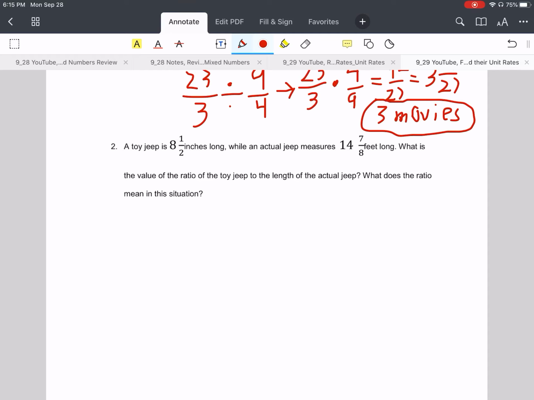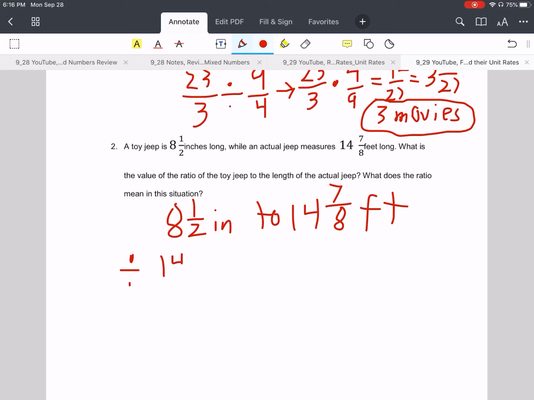So what we're going to end up doing is we have our ratio of 8 1/2 inches to 14 7/8 feet. And in order to find the value of the ratio, we're going to divide both sides by 14 7/8.